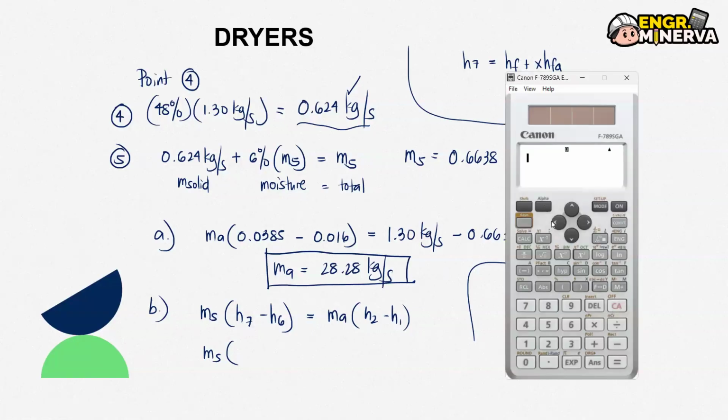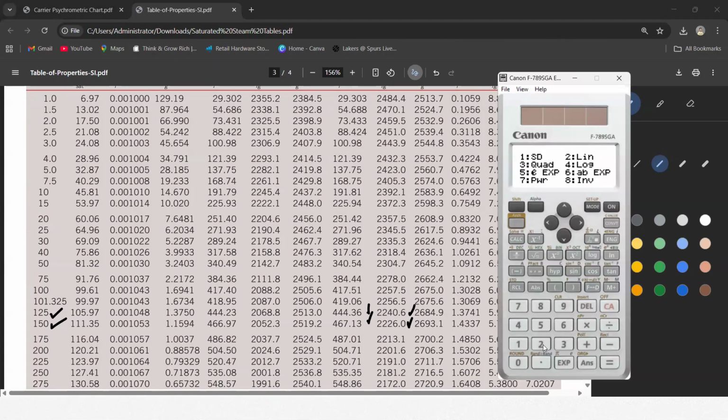Using mode 3.2, 125 and 150, we have 444.36 and 467.13.